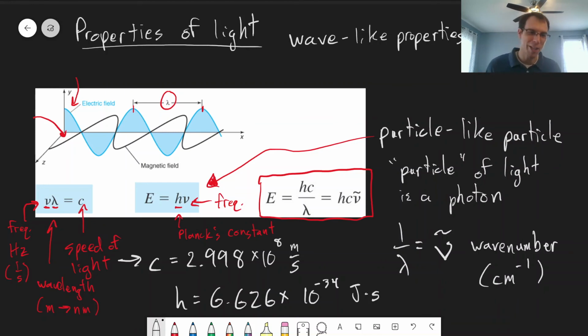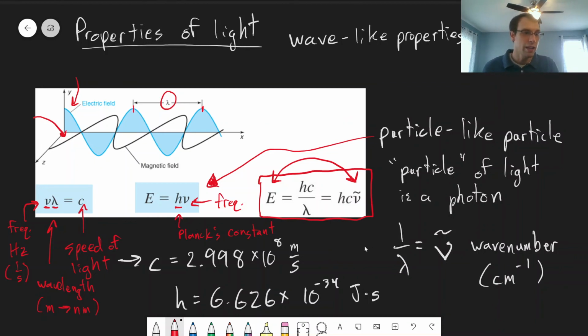As an infrared spectroscopist, we always use wave numbers. Visible light spectroscopists like to switch back and forth between nanometers and wave numbers, so you kind of get both. What's nice is that, as we can see in this equation here, the energy and the wave number are directly proportional, whereas energy and wavelength are inversely proportional.